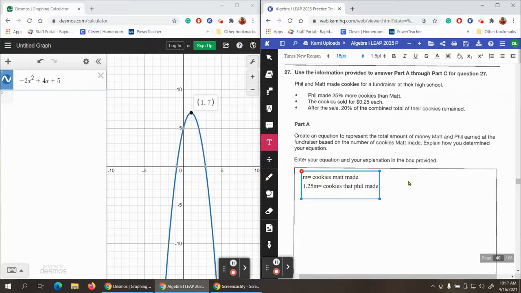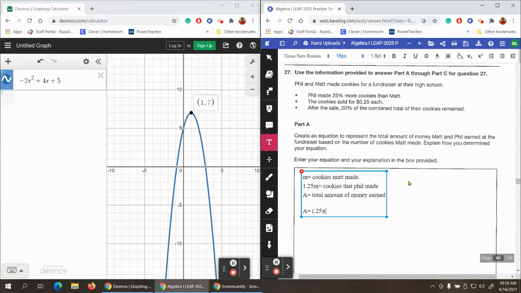So let's say M, or no, we already used M. What's a good letter for the total money that they earned? Let's just say capital A, A for total amount of money earned. Okay, so let's put this all together. So A equals, they sold it for a quarter apiece.